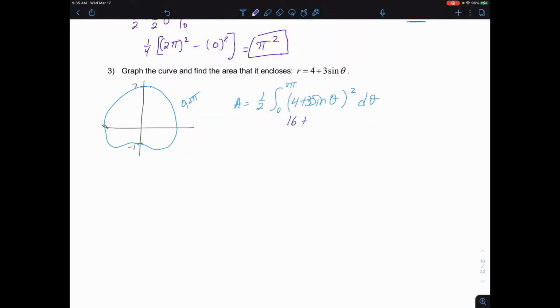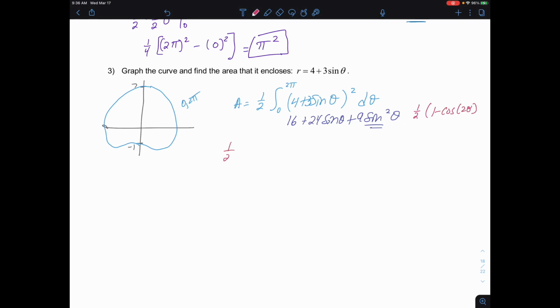So we have 16 plus 24 sine of theta plus 9 sine squared of theta. Let's replace that sine squared of theta here with, remember, 1/2 times 1 minus cosine of 2 theta.